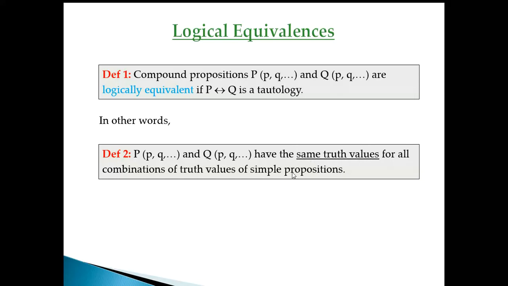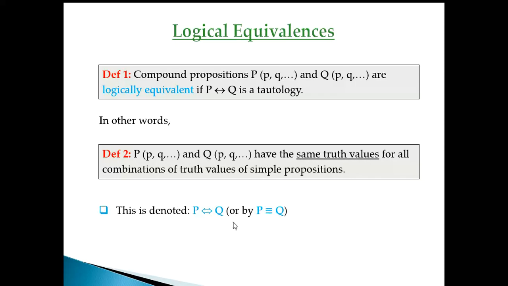Mostly we prefer this second way: we calculate P and Q and check that they show the same truth values, and then we can say these two propositions are logically equivalent.